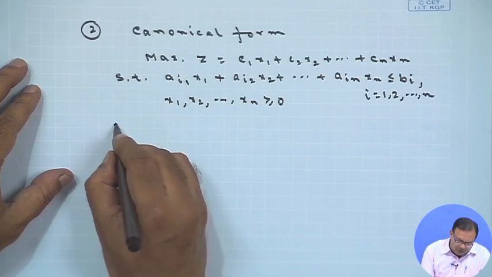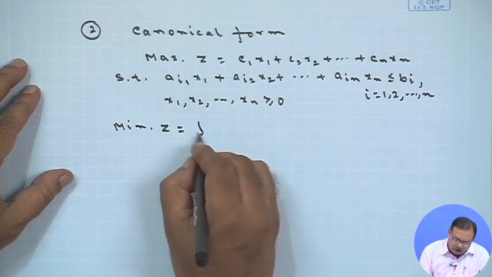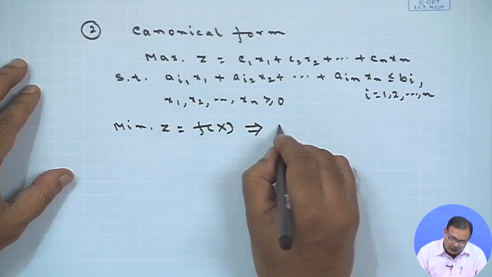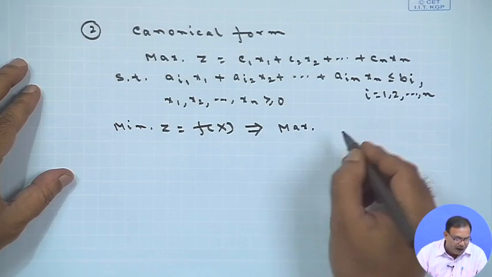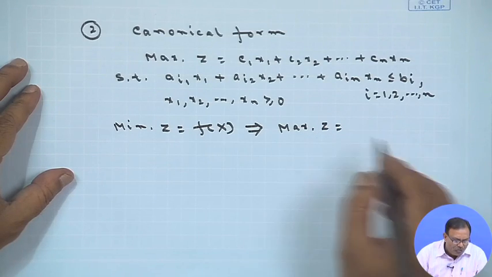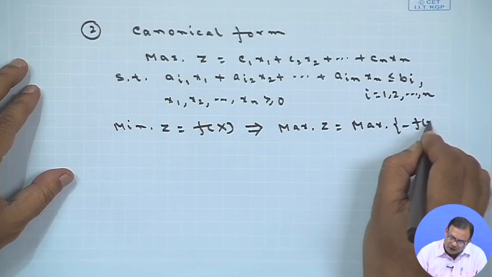So, suppose I have a function: minimize z equals some function f(x). This problem I can transform as maximize z equals minus f(x).